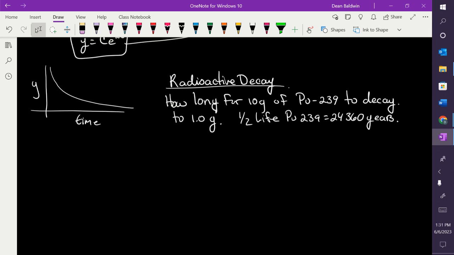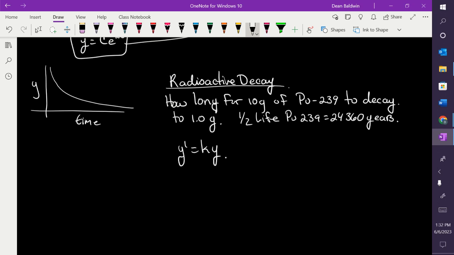Okay, are we ready? In radioactive decay, y prime is equal to ky. It's proportional to how much you have left.